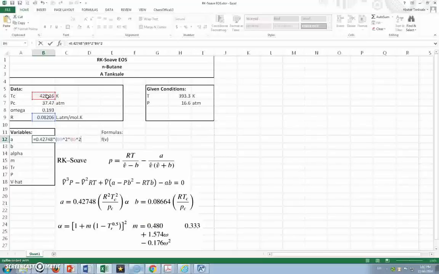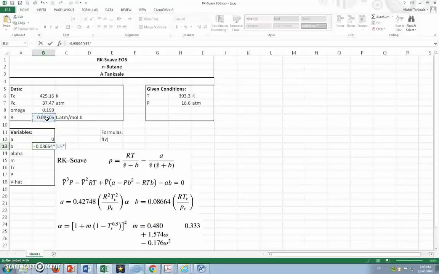You need to choose the right units for R depending upon the units of other variables that you have, like temperature and pressure. Once we have entered all the parameters A, B, alpha, M, we will be setting up the formula for the Redlich-Kwong-Soave equation.